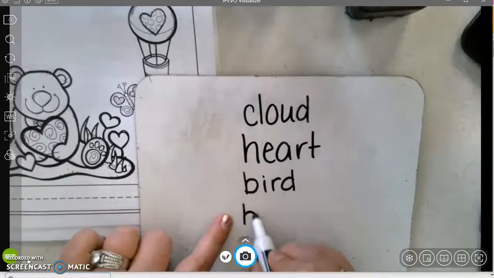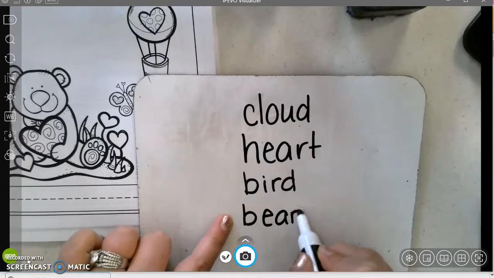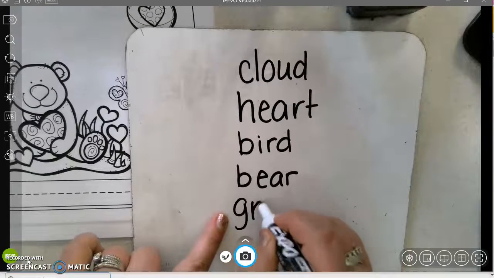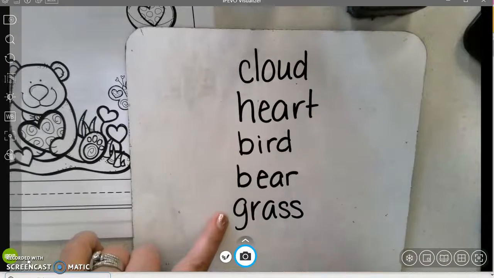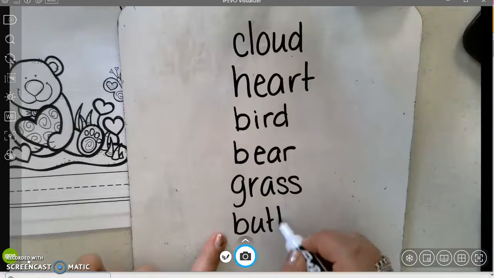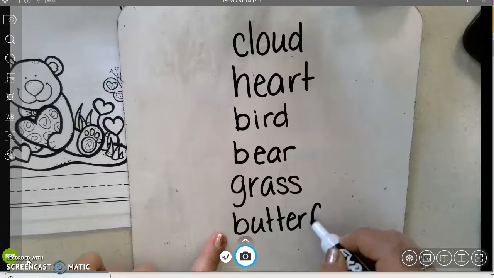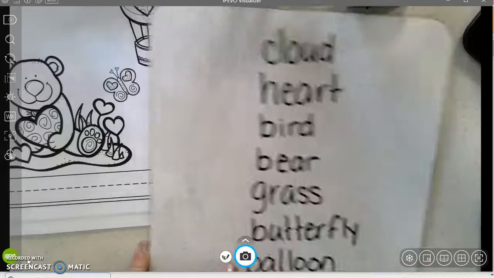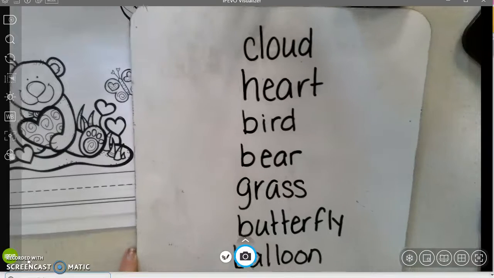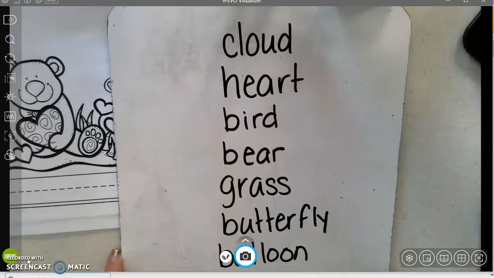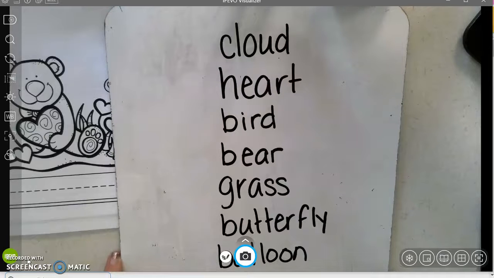There is a bear you can label. There is grass you can label. There's a butterfly. And there's a balloon. Let's see. That's all I see. There's lines and squiggles, but we don't have to label those.